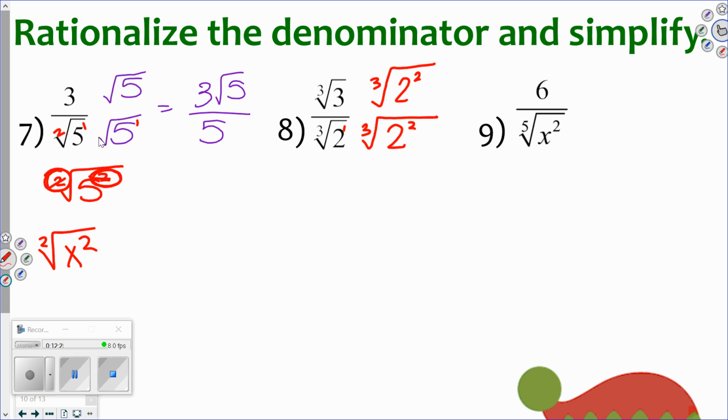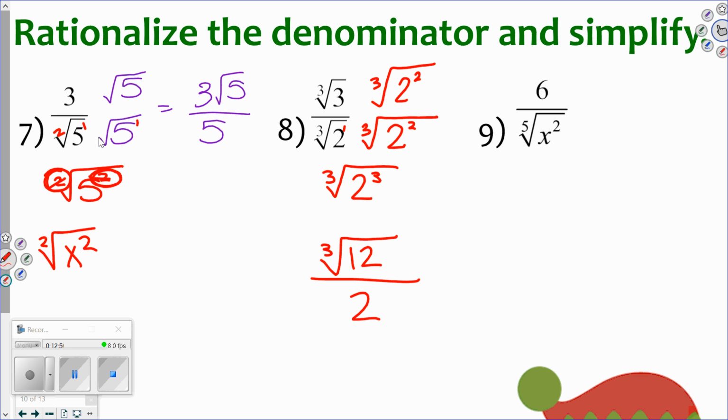Because now, just looking at the bottom, that would give me the cubed root of 2 cubed, which is, what's the cubed root of 2 cubed? It's 2. So that puts a 2 on the bottom. And on the top, what's 2 squared? Times 3. 12. So I have the cubed root of 12.